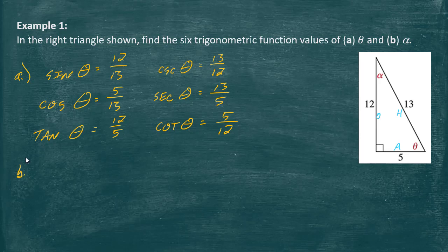And if we wanted to do the same thing for alpha, I think I'll just do a couple of these because I feel like we probably get the point here. If I wanted to do a couple of the alpha angles, notice now if I did sine of alpha, I need to go back to my shape, and instead of having my O and A in the spots that I currently have them, I now need to flip-flop them, because across from alpha should now be the opposite side.